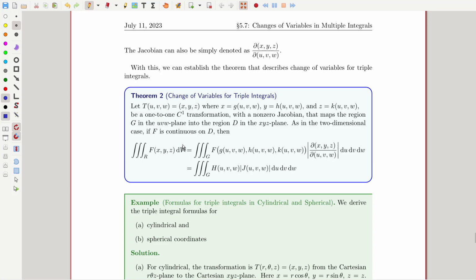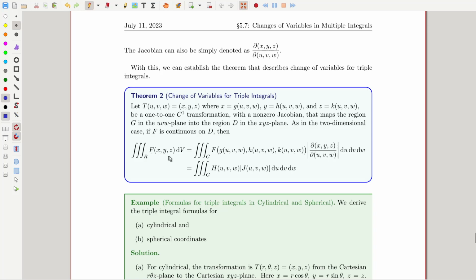Well, I don't know if it's right to call it a plane. XYZ space is probably the better term, but the book apparently calls it the plane. So in this XYZ space, you'd have this integral. Well, you can convert it over to a triple integral in the UVW space.